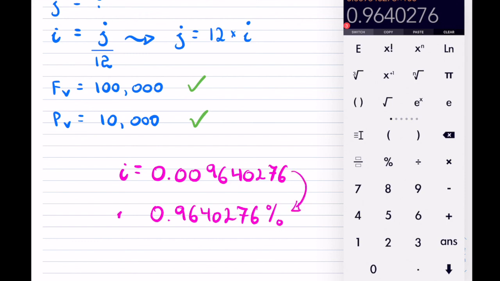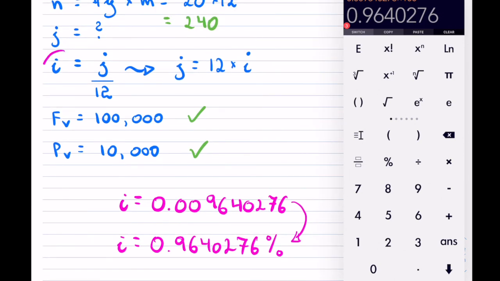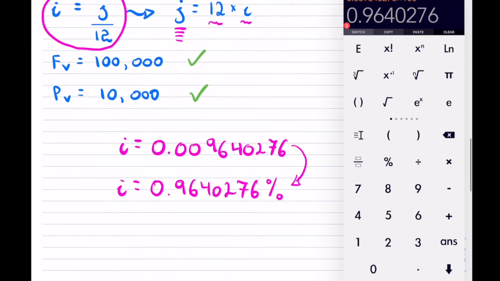And that's i. Now remember what i is: i is j divided by 12. So if we want to know our nominal rate, then we have to take m, which is 12 because it was monthly, multiplied by this i.